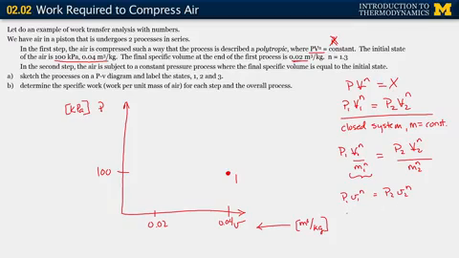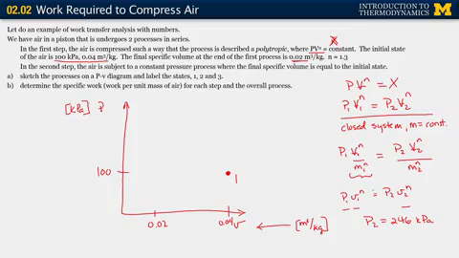So we look at this expression, we say, hey, look, I know state 1's pressure and specific volume. I know the specific volume at state 2. Plug and chug through this problem, and you can determine what the pressure is at the end state of step 1, the process from 1 to 2. So that pressure, if you go ahead and plug in the numbers here, will be 246 kilopascals.